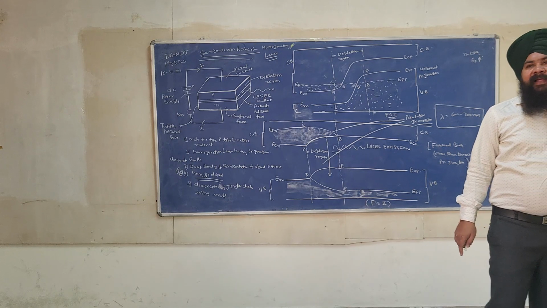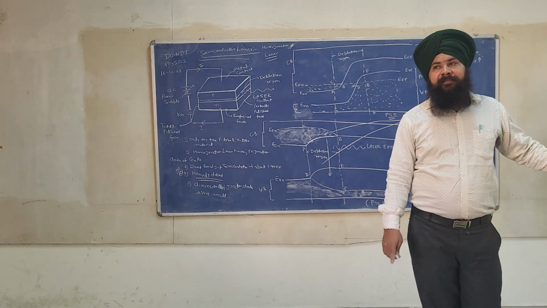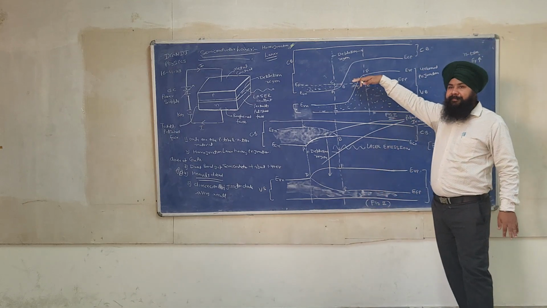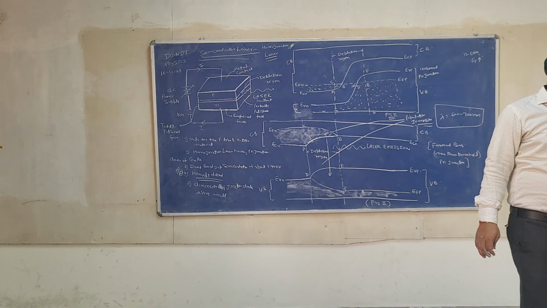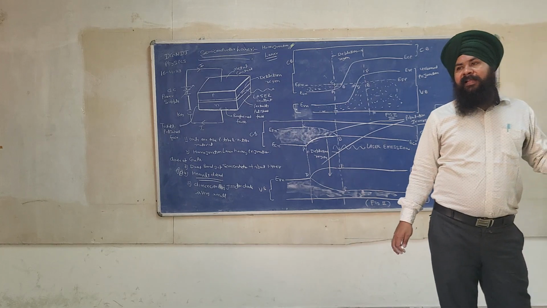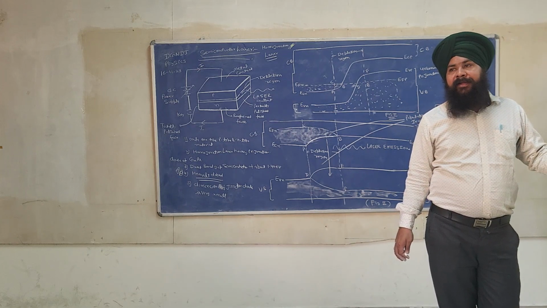When no bias voltage is applied, the Fermi level is the same throughout the junction diode.